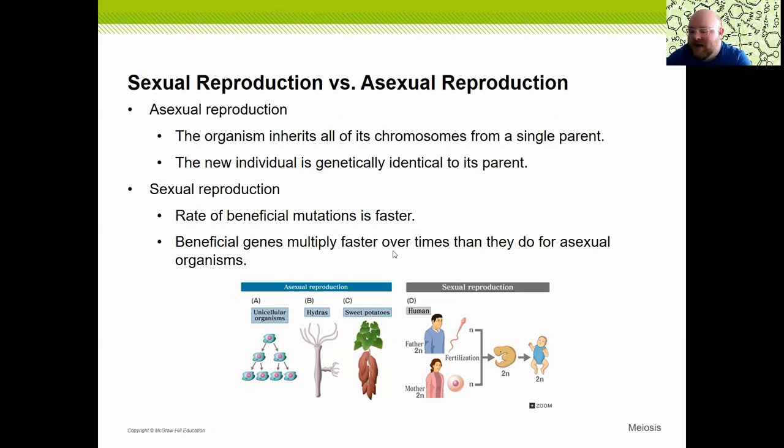Beneficial genes multiply faster over time with sexual reproduction than they do for asexual organisms. But again, this is why you are completely different than your parents, even though you may have similar traits. You are genetically different.